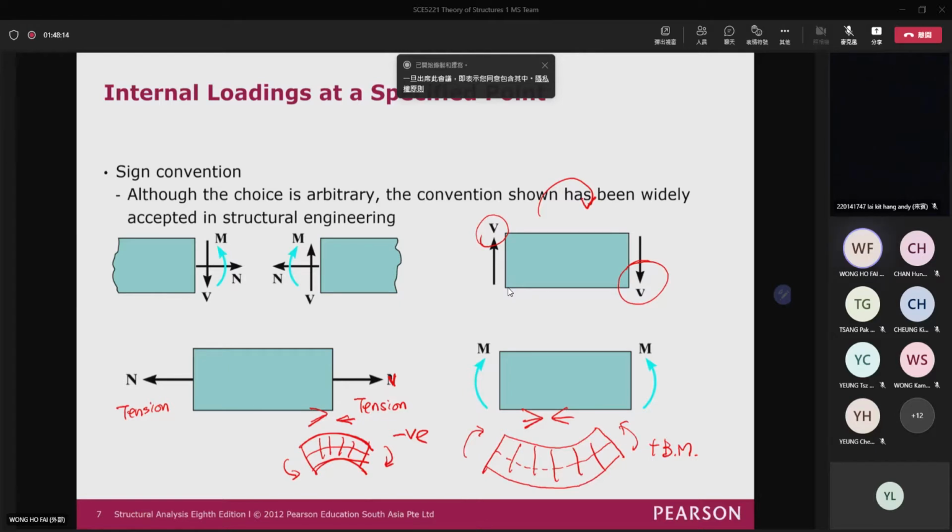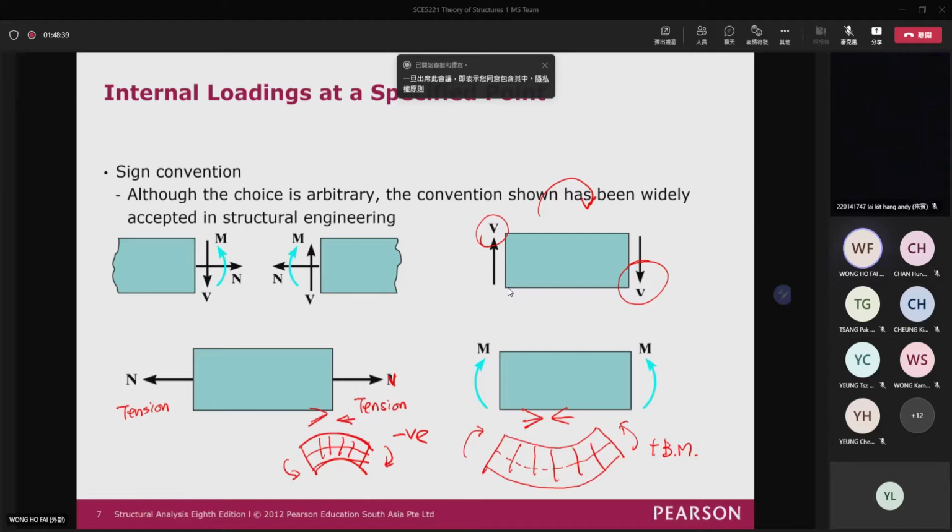In other words, it doesn't matter whether you choose pointing to the right or to the left as positive in the equilibrium equation. And for vertical force, we use summation of Fy equal to 0, pointing upwards as positive, as we mentioned before. But just trust me, when you choose pointing downward as positive, you will get the same answer.